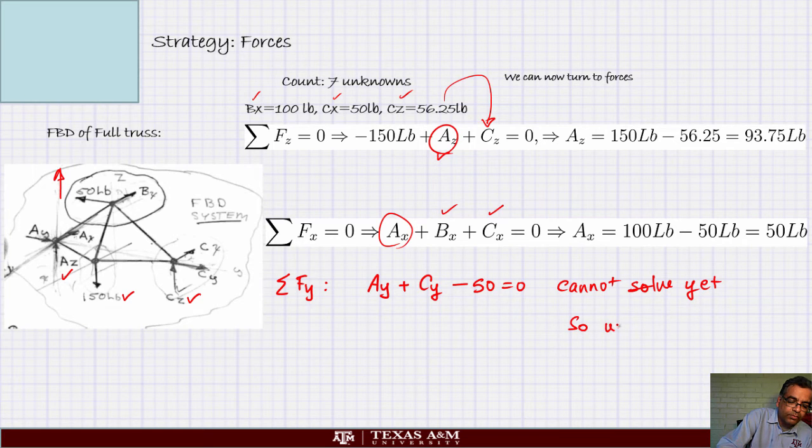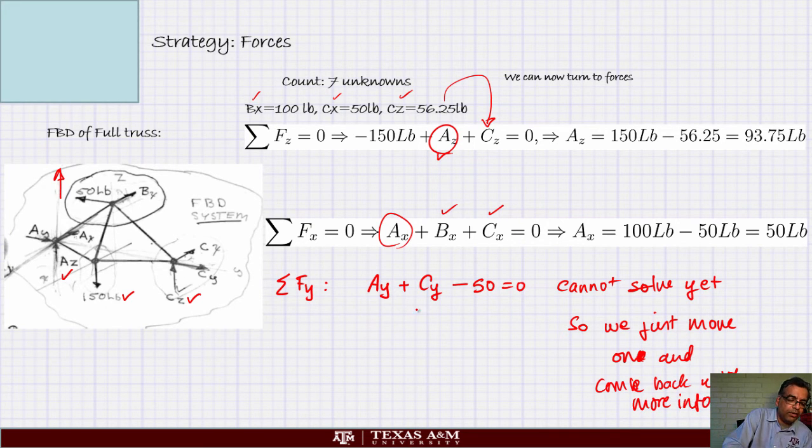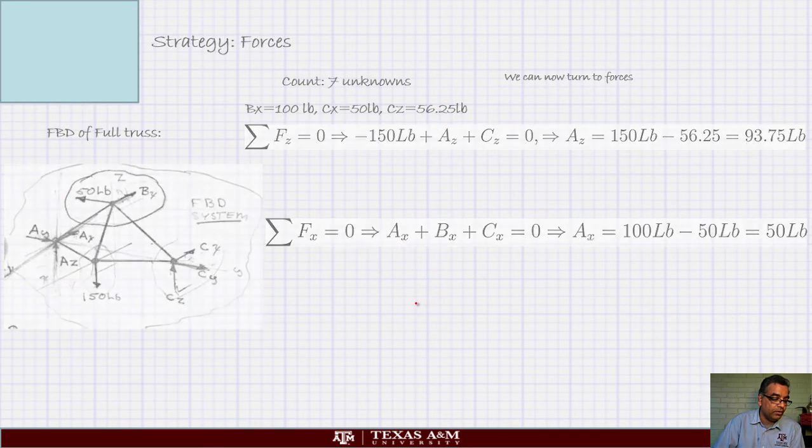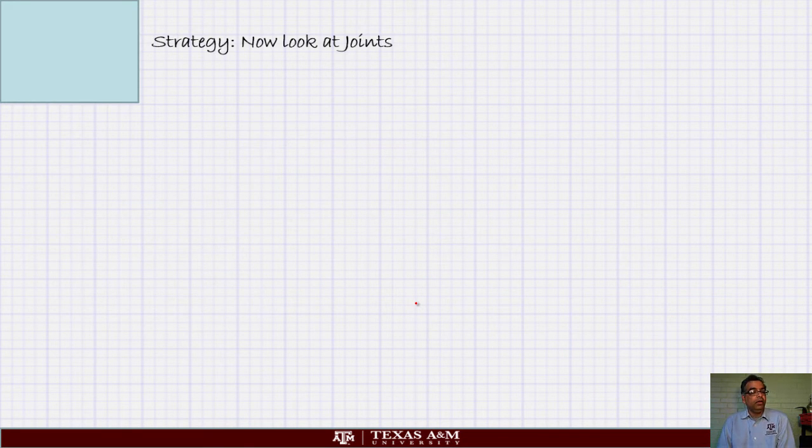So we just move on, and come back with more info. This is our trick. Maybe I find out CY later and then I can do it. Okay, very good.